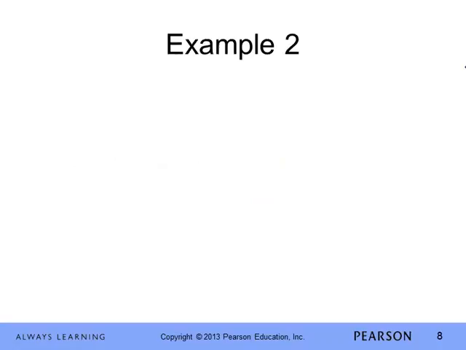So let's take a look at example number 2. We're going to compute our unit tangents. For part A of example 2, we have r of t equal to t squared, 4t, and 4 natural log of t.